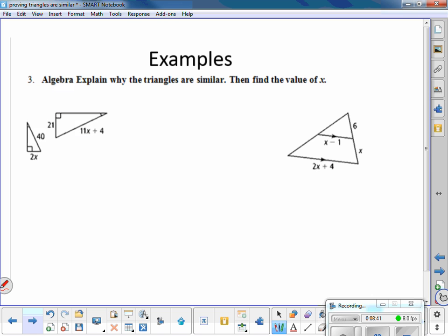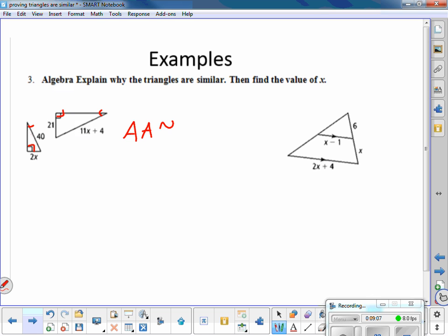Are they similar? Well, first of all, what am I given here? I'm given some sides, but they have x's on them, and I'm given some angles. I have two angles in both triangles, so they are similar by AA similarity.